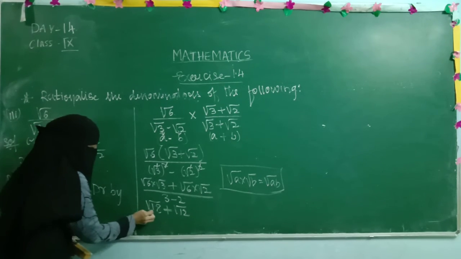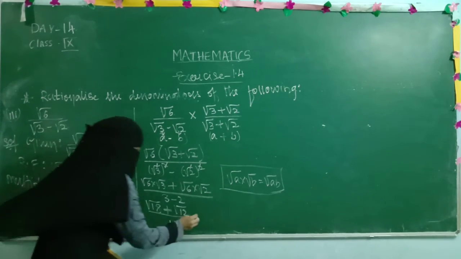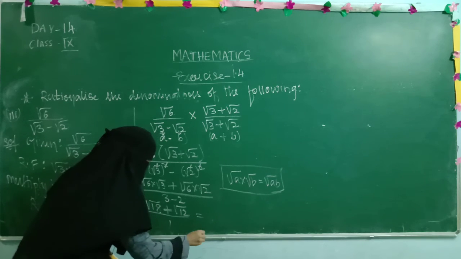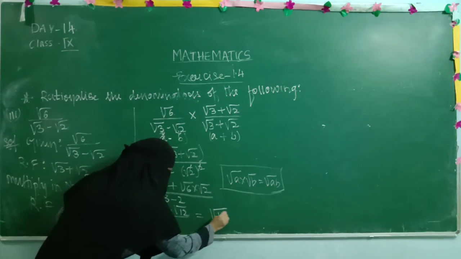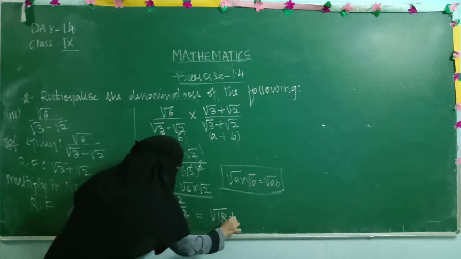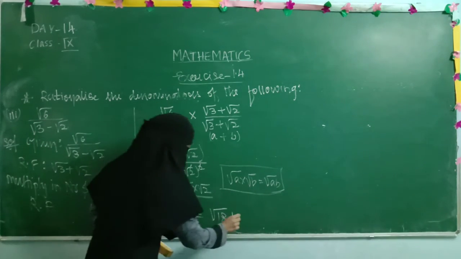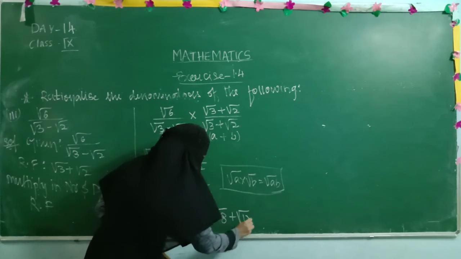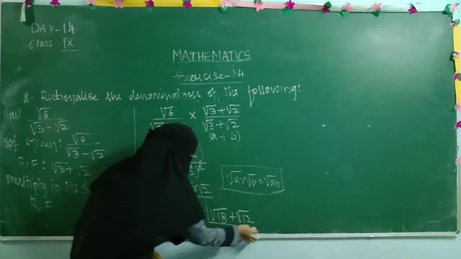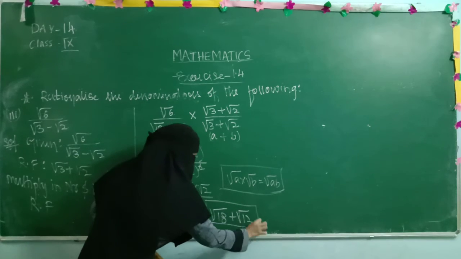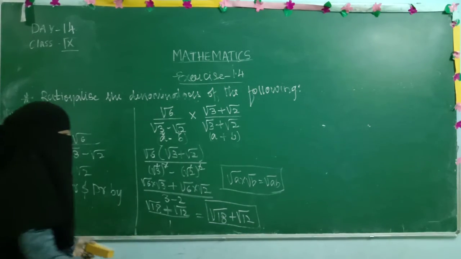So here we have to stop, or you can write it as root of 18 plus root of 12. This is your final answer.